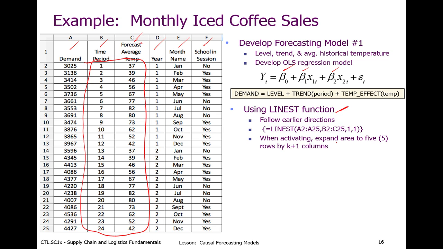Also, when I'm activating this in Excel, instead of expanding the cells to 5 rows and 2 columns, I need to go to 3 columns. Why? Well, I've got another explanatory variable here. So actually, the equation is I always do 5 rows, but I want to expand over k plus 1 columns. So that's each explanatory variable plus the intercept.